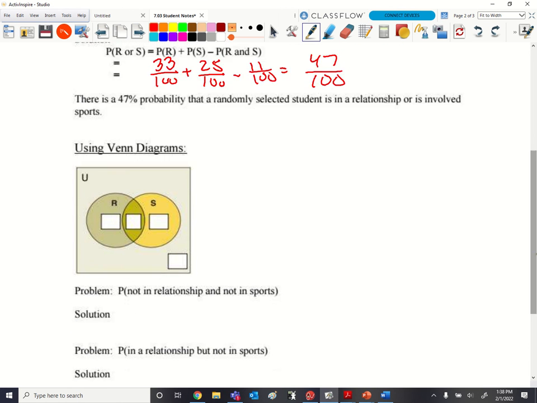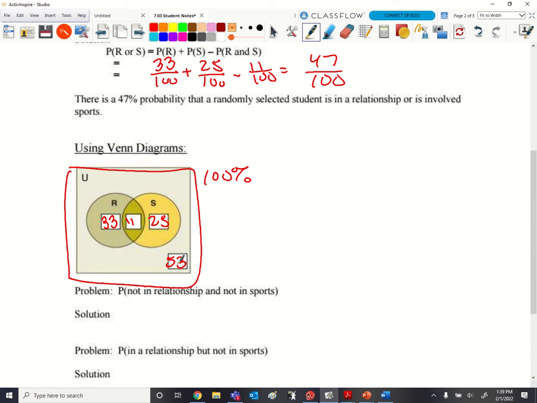So to do this, all this together would be my 100%, right? So over here, R was my 33, 25 for S, 11 in between. So you said 53 is everything on the outside, right?